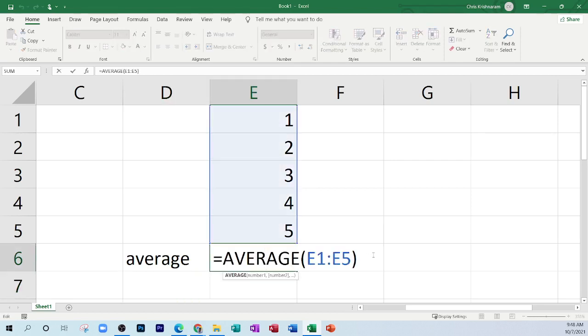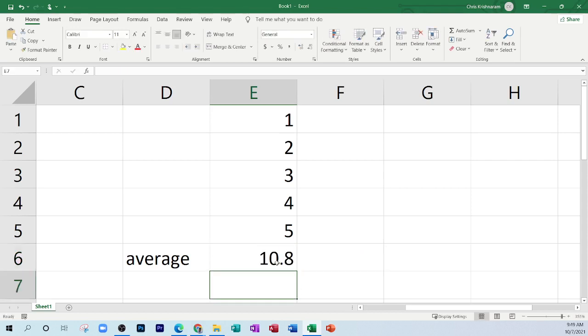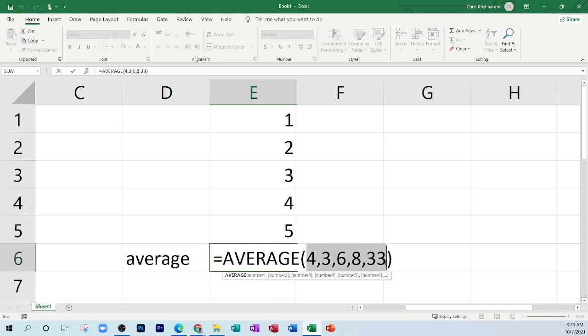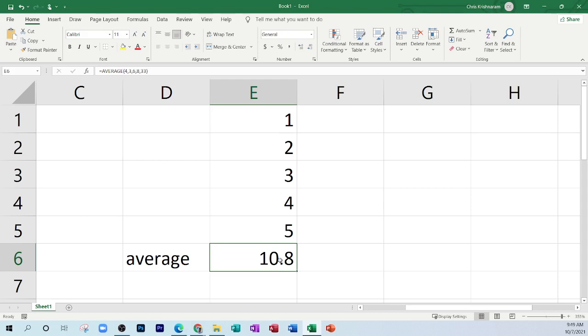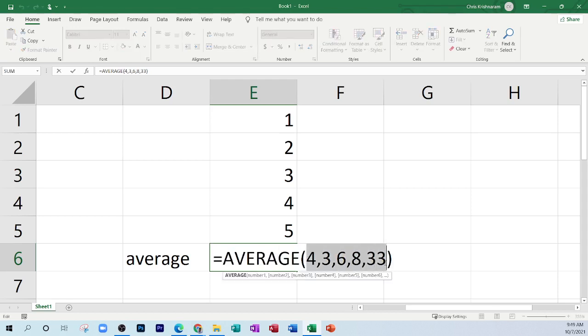So it's that simple. We could also put in numbers. So if we want to do 4, 3, 6, I notice comma is used to separate the numbers, and we have our calculation there.